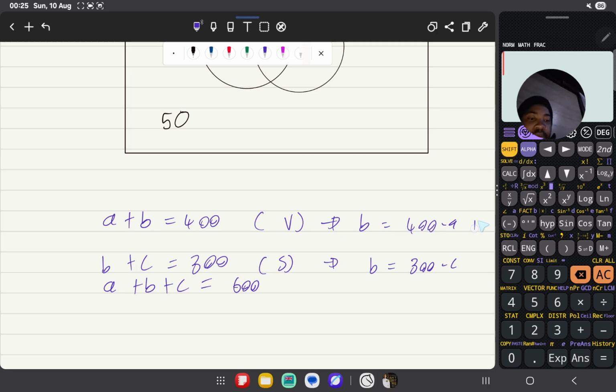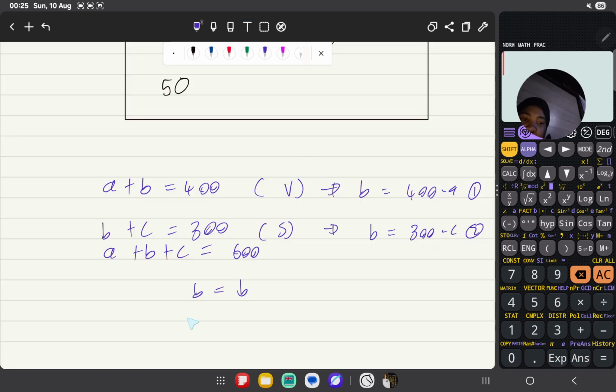From 1 and 2, I can say B equals B, which is going to give me 400 minus A equals 300 minus C, right? If I transpose, I have 400 minus 300, which is 100, and so I'm transposing 300.